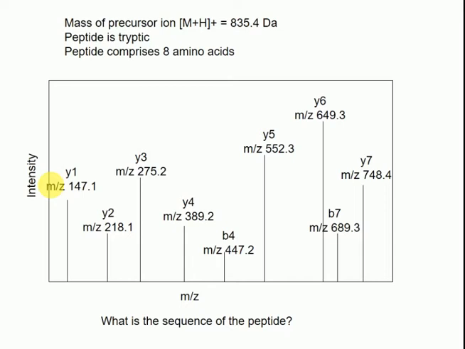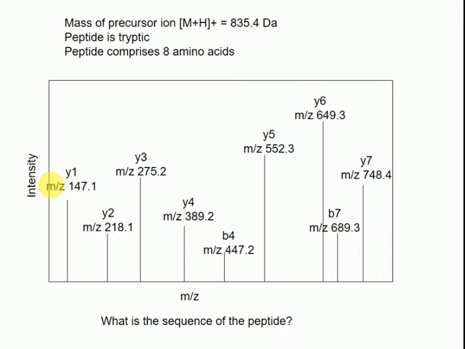The Y1 fragment, the structure of it, is the amino acid residue plus the hydrogen at the N-terminus and the OH and the charge. So the mass of that Y1 includes these components. It doesn't matter when we're doing this subtracting because those masses are just wiped out. But it does matter when you get to Y1.